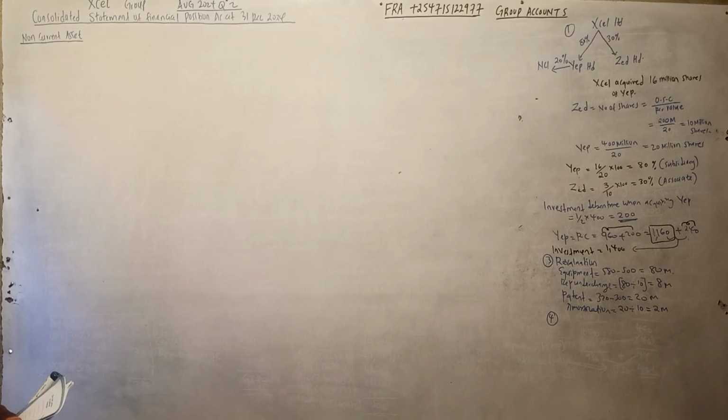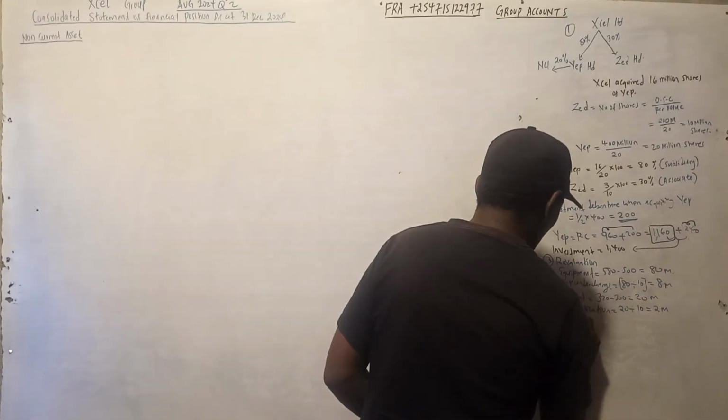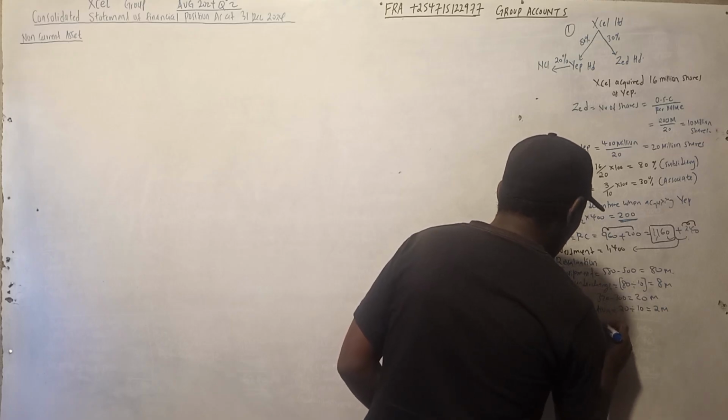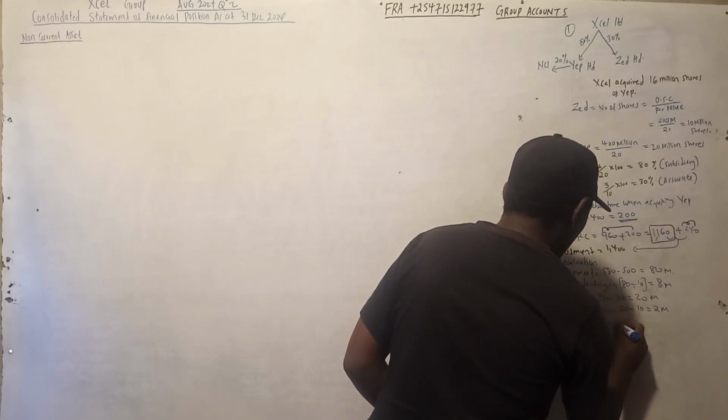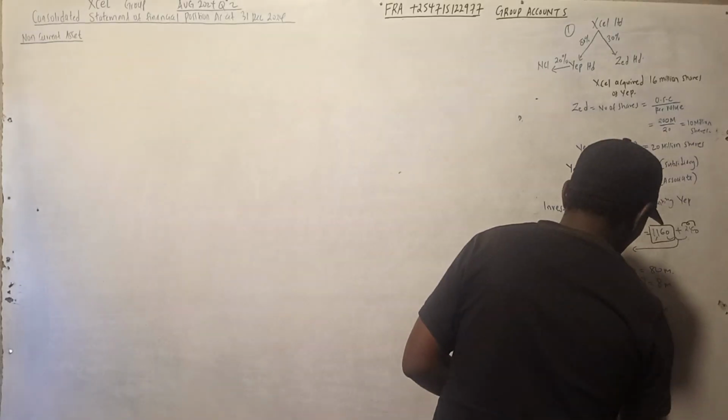So for intergroup sales, to get the UPFA, you take the margin and multiply with the transfer value.